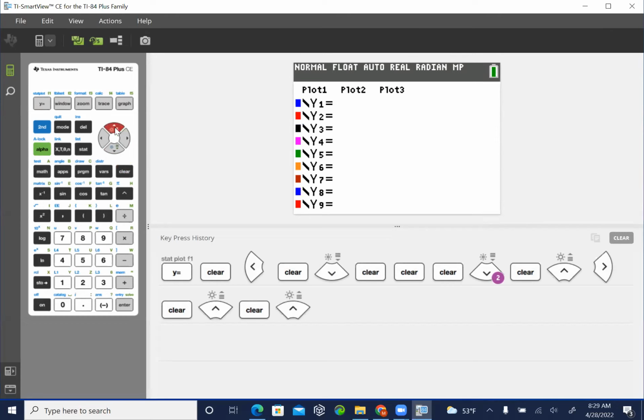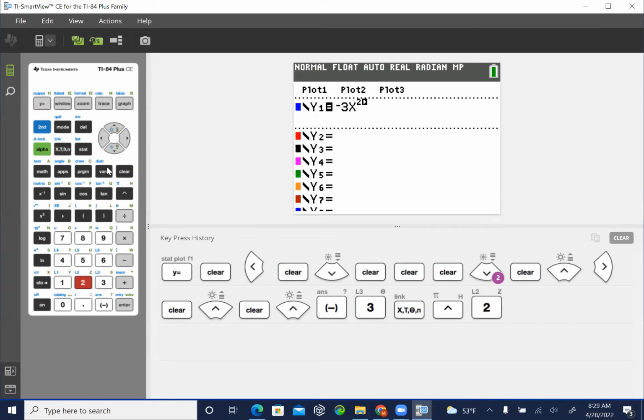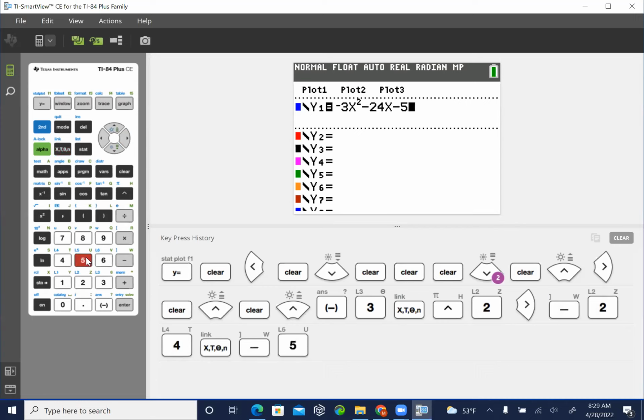And I just type in my -3 and then x squared minus 24x minus 54. Okay, and then I'm just going to look at the graph.